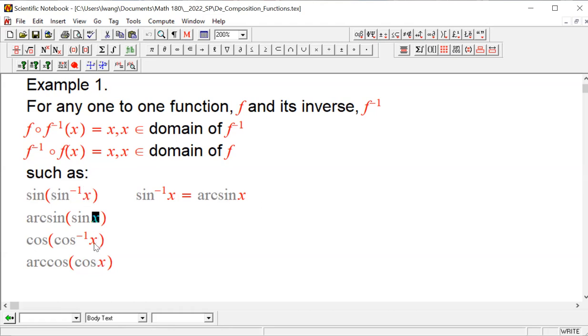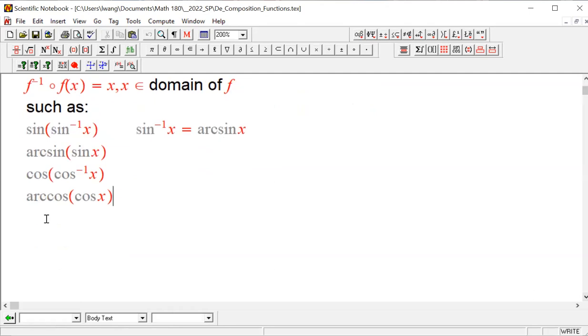Those are compositions as well. And tangent and arctangent, and arctangent of tangent of something. All of these are examples of composition.